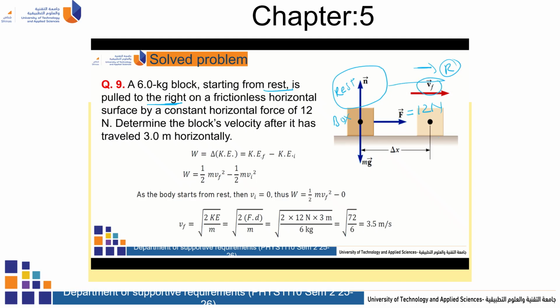They are saying the box has traveled the 3 meter distance, or the displacement. What is the velocity of the box after it has traveled this 3 meter? So we have to find the velocity here. How to do this problem?